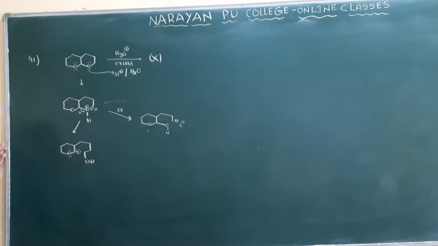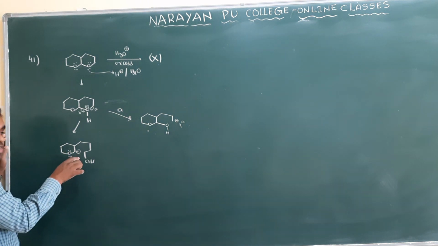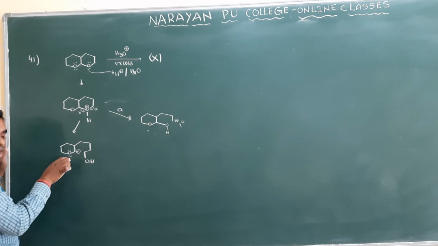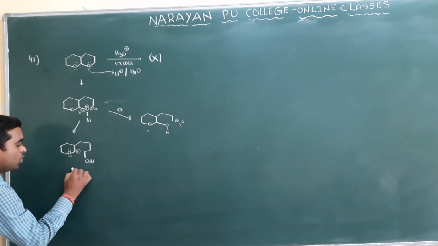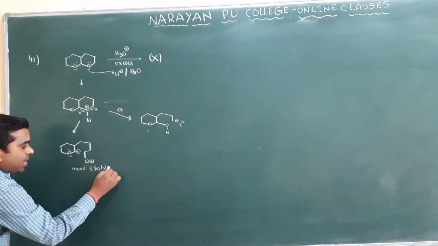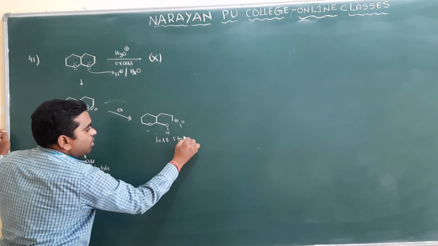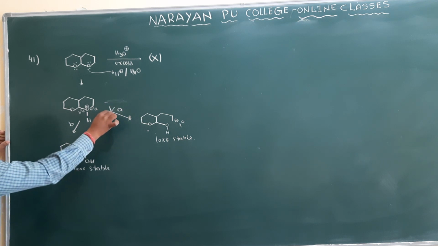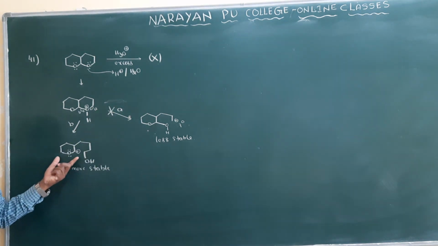Due to the plus M effect, this carbocation becomes most stable. It is secondary and also stabilized by the lone pair of electrons of the oxygen, so it is more stable compared to this one, which is less stable. So which bond will break here? Bond B breaks, not bond A. Now you will get this product.